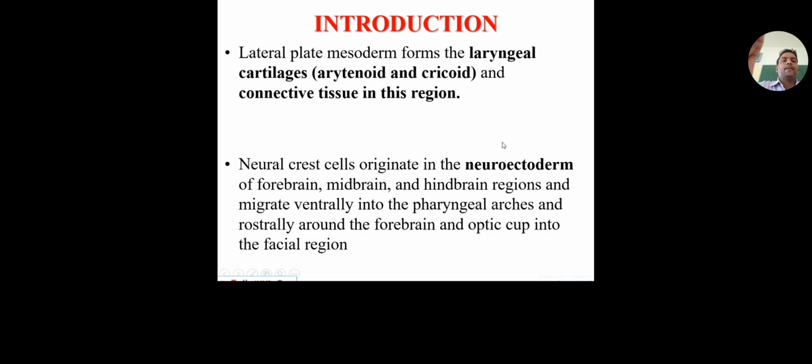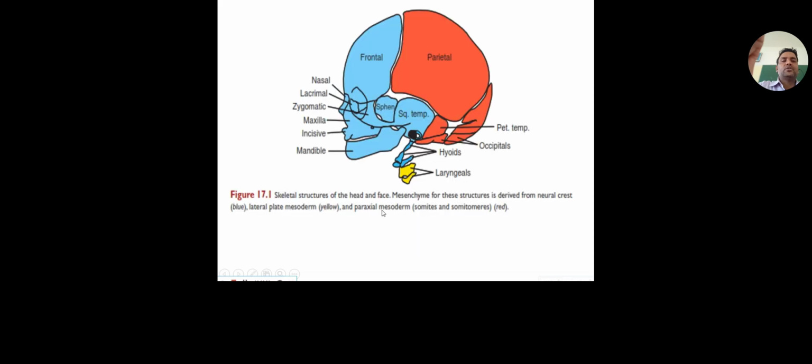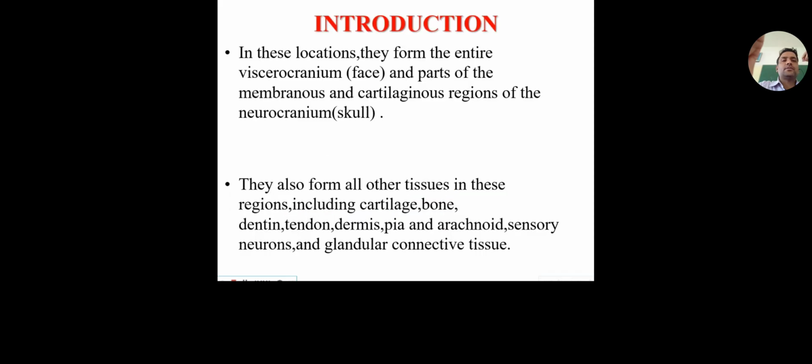Okay, so the mesenchymal cells come from three sources: lateral plate mesoderm, paraxial mesoderm, and neural crest cells, along with ectodermal thickenings called ectodermal placodes. So they form different parts of the head and neck. Not only skeleton and muscle, they also form dentine, tendon, dermis, ligaments, meningeal layers, sensory neurons, and glandular connective tissue.